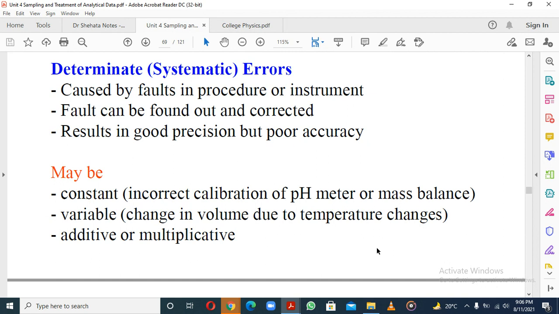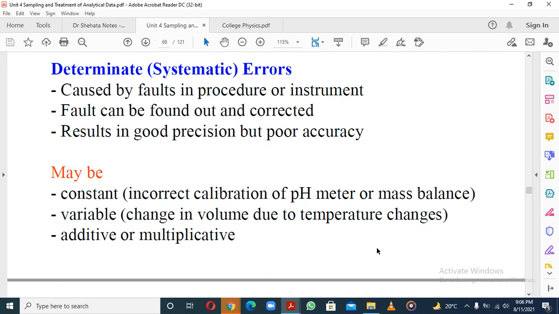You are not going to be close to the true value, but the values you get are going to be close to one another if you are doing the experiment correctly, because you are using the same wrong procedure and the same instruments. So your values may even be close together, but your accuracy may be poor.